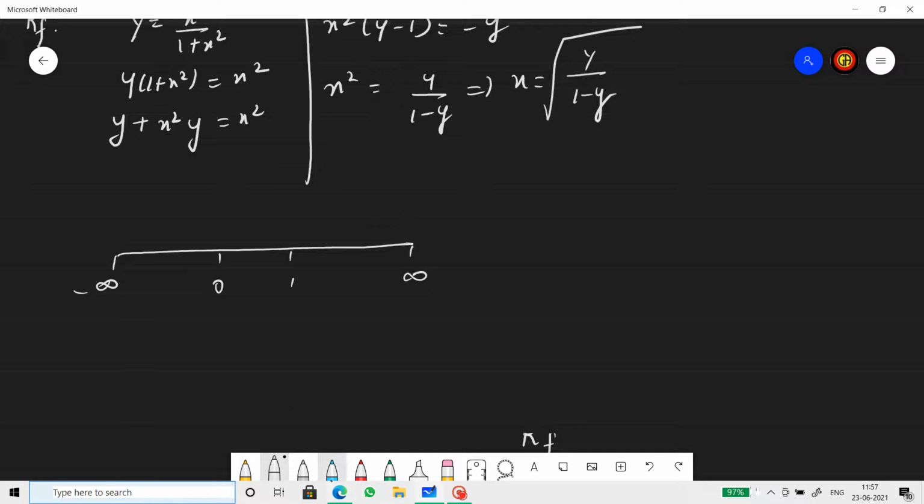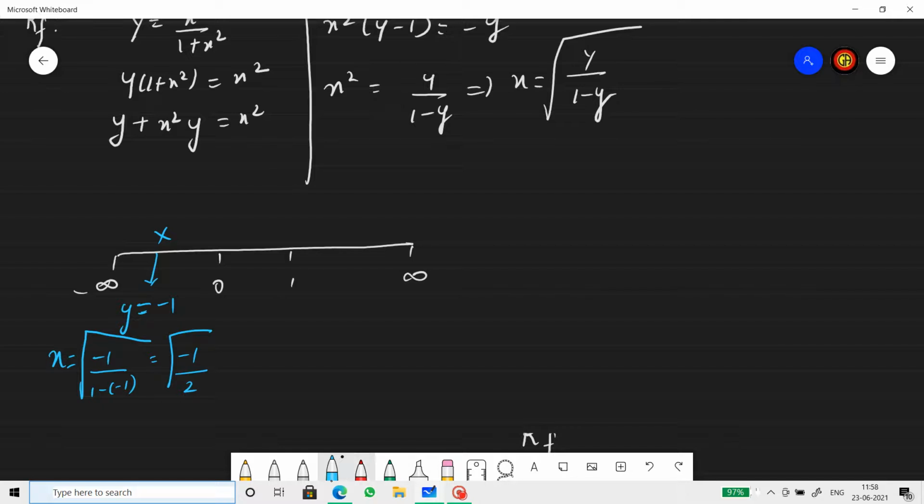If I take y equal to minus 1, x will be root over minus 1 by 1 minus of minus 1. So that will be root of minus 1 by 2. So that's negative. Negative roots are not part of real numbers, they're complex numbers. So I cannot have y values between minus infinity and 0.